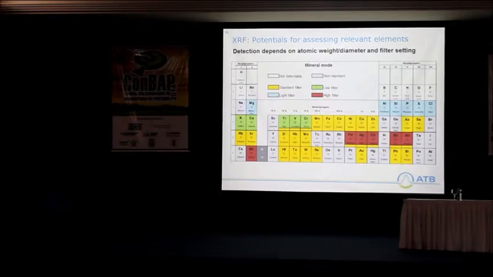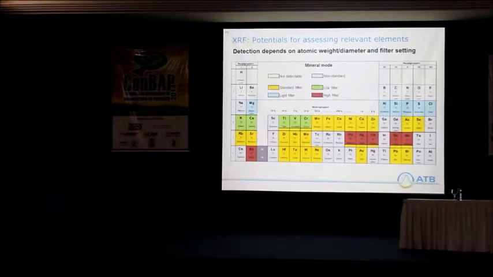The point is that you cannot analyze every element. You do not see the so-called light elements with low orbital numbers. So the analysis starts here with magnesium. This is at the edge of the detection. And so-called light filtered elements, they are difficult to detect, and unfortunately they are the interesting elements.